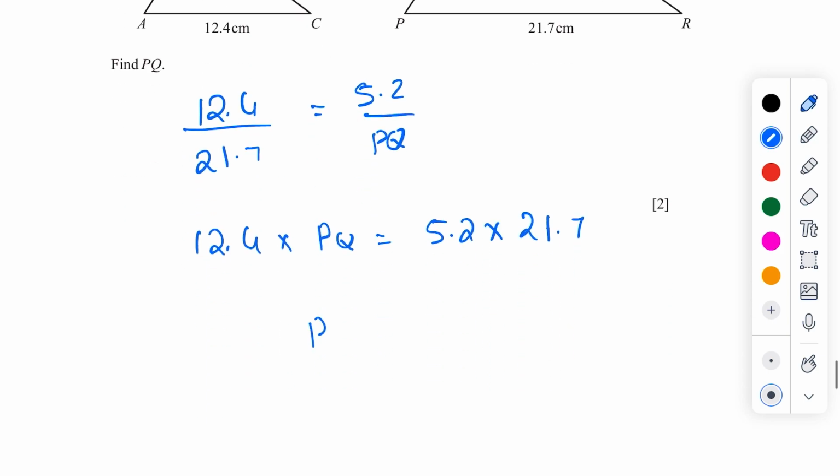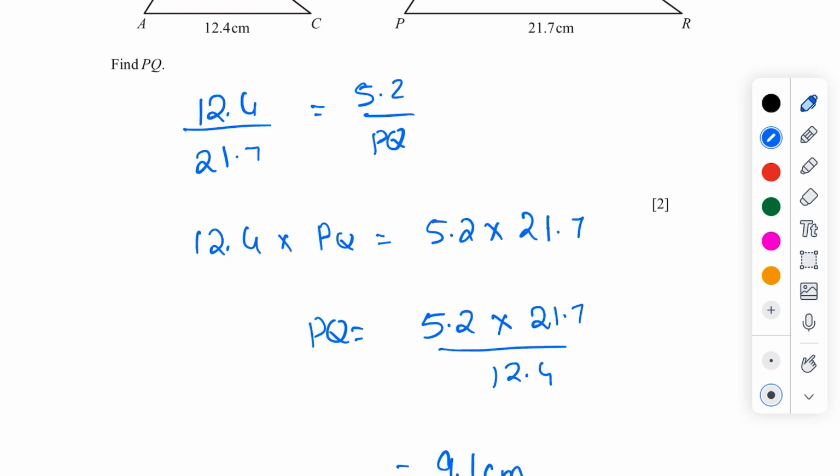So what will be PQ? PQ will be 5.2 times 21.7 divided by 12.4. So when I do that on the calculator, 5.2 times 21.7 divided by 12.4, that gives me 9.1. So that's going to be the answer.